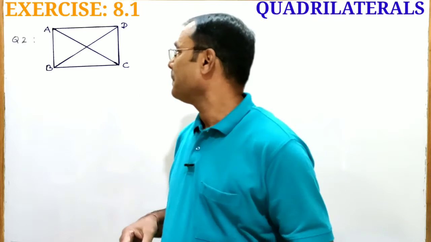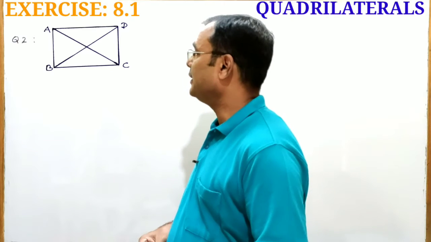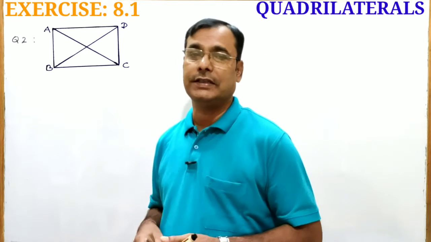So let us prove that this parallelogram whose diagonals AC and BD are equal is a rectangle.